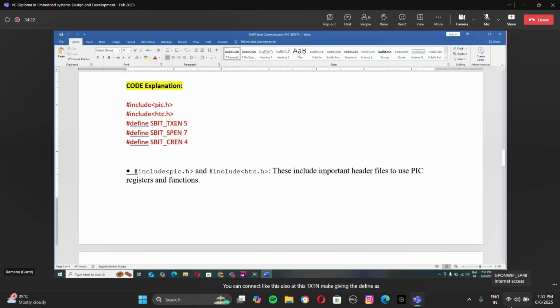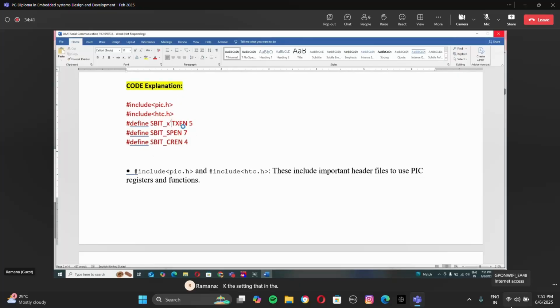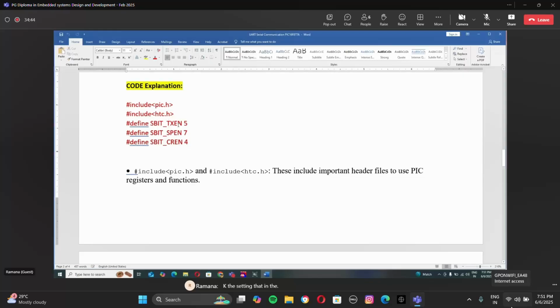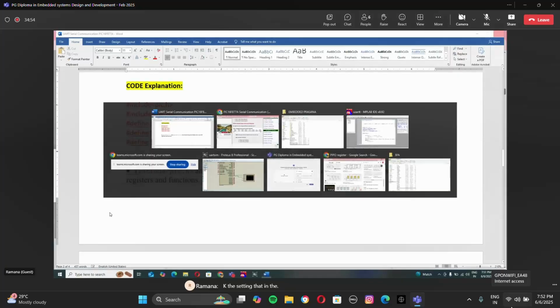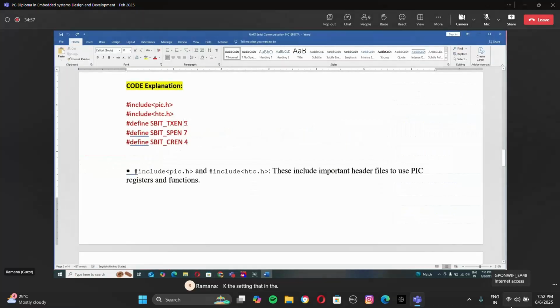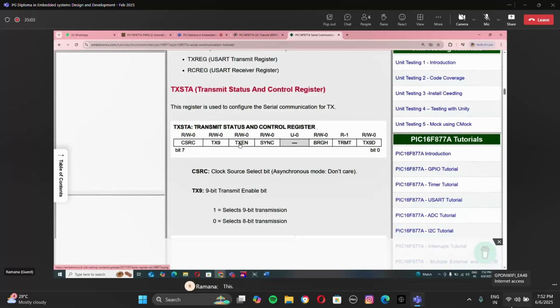We are setting that in the fifth bit, so the fifth bit is enabled. We'll see what is in the data sheet.